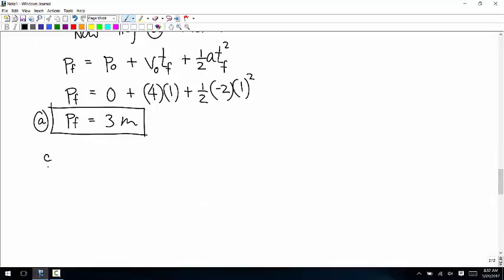And then for part C, we're trying to find when it reaches the highest point on the ramp. So before I do that, let's think about those things that we have to choose before we can start the problem.